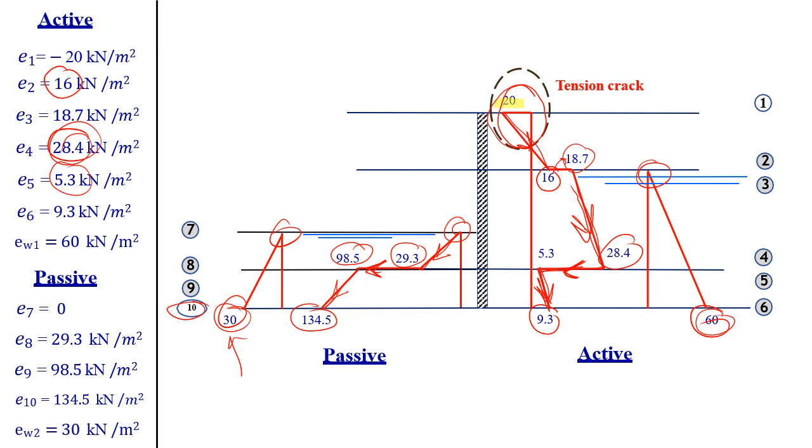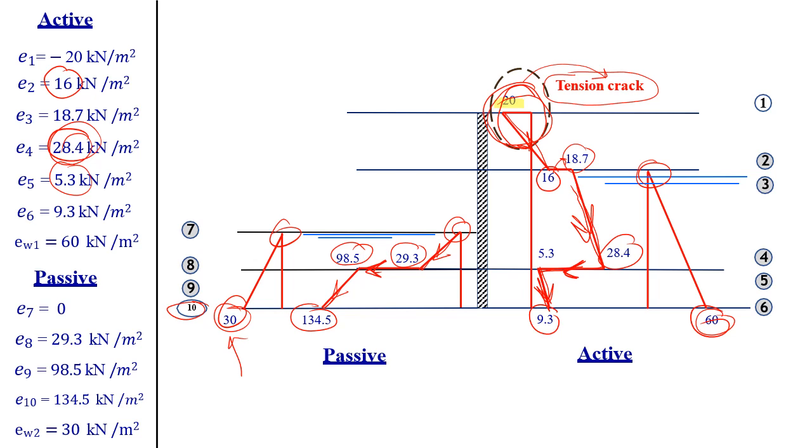In this case, the depth at which we have negative values of active earth pressure corresponds to a tension crack. These tension cracks take place in clay layers near the ground level.